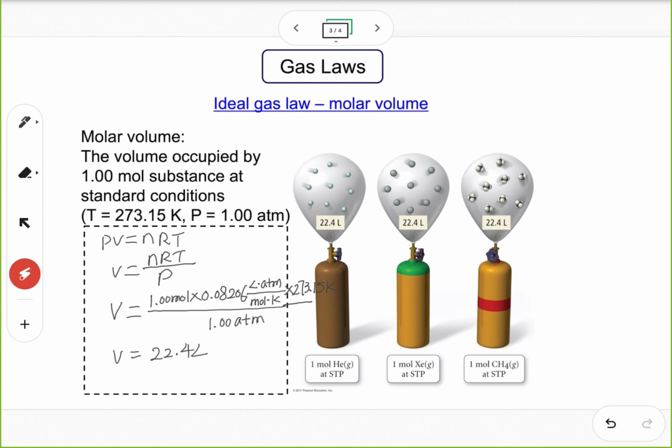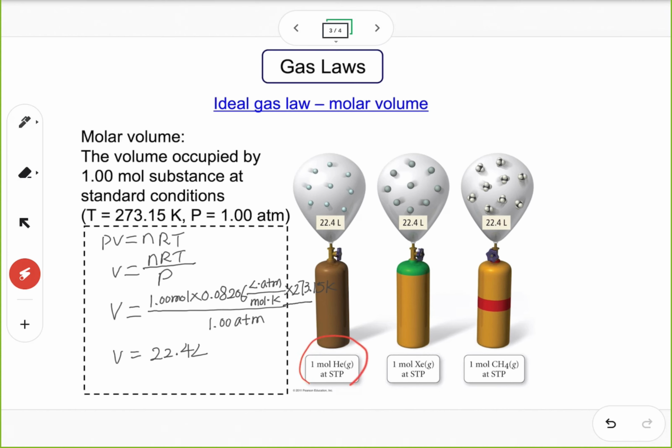It means that no matter what gas molecule you are talking about, as long as you have 1 mole of the gas, temperature is this, pressure is 1 atm, the volume of the gas would always be 22.4 liters. And this picture shows us the idea behind the molar volume.